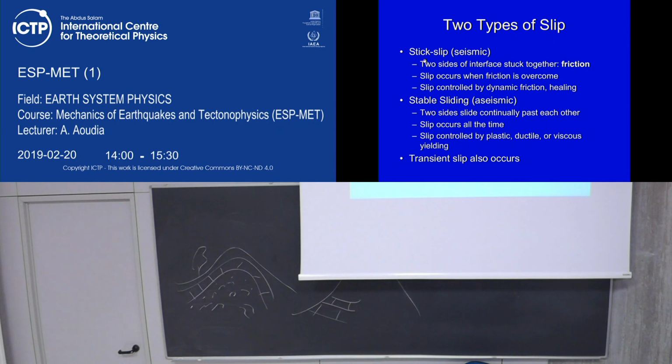Then a transient is something that is not steady state. It's not happening continuously. Right? And you will see that now the big fun is in chasing transients, both in seismology and space geodesy. Okay? And we'll be getting into this in detail.